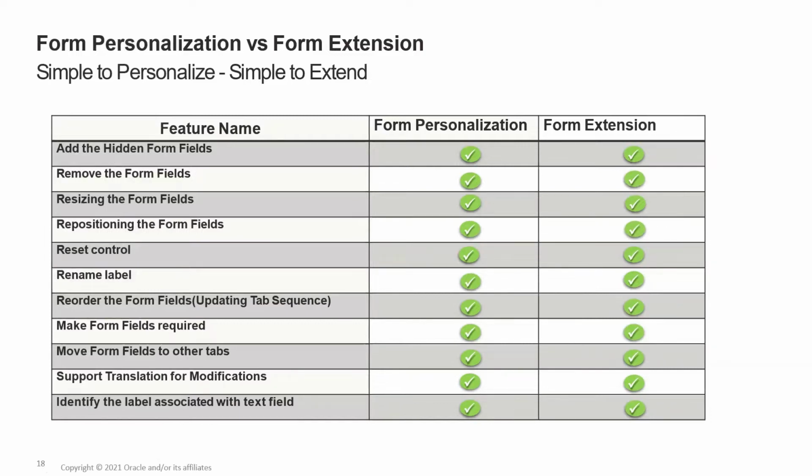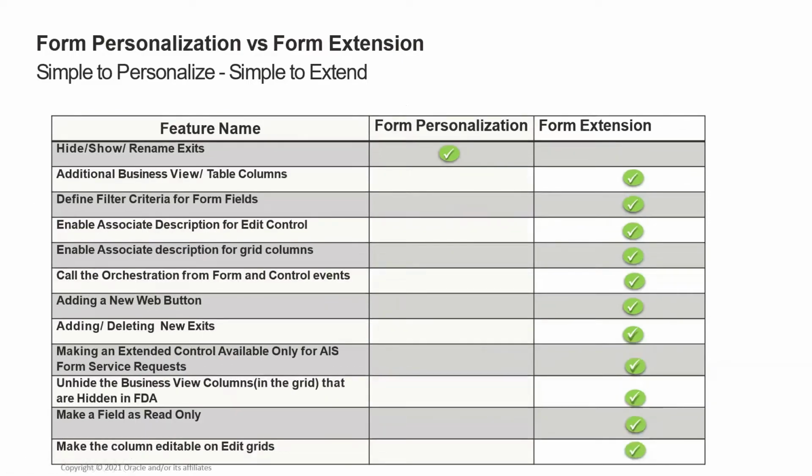So as you can see here, you can rename labels, you can reorder the forms, moving things and changing the sequence in both a form personalization and also a form extension, right? So you can do these things in both. But some of the things that we're going to go into, like creating a new exit, adding or deleting an exit, or calling an orchestration, you cannot do those in a form personalization. You will look to form extension to do those.